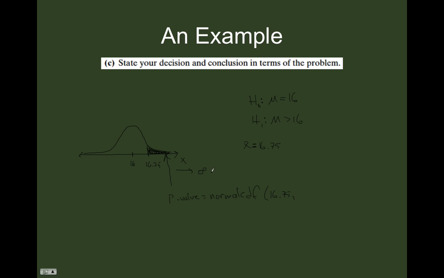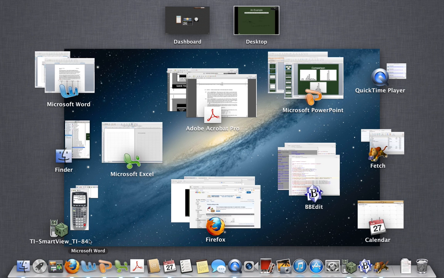Again, I can't put positive infinity into the calculator, so I would use E99 instead of negative E99 on the right side. The mean is 16, and the standard deviation is 0.5 over the square root of 6. I just wanted to point out that if your direction of extreme is one-sided to the right, then instead of negative E99 on the left, we have positive E99 on the right in our normal CDF.